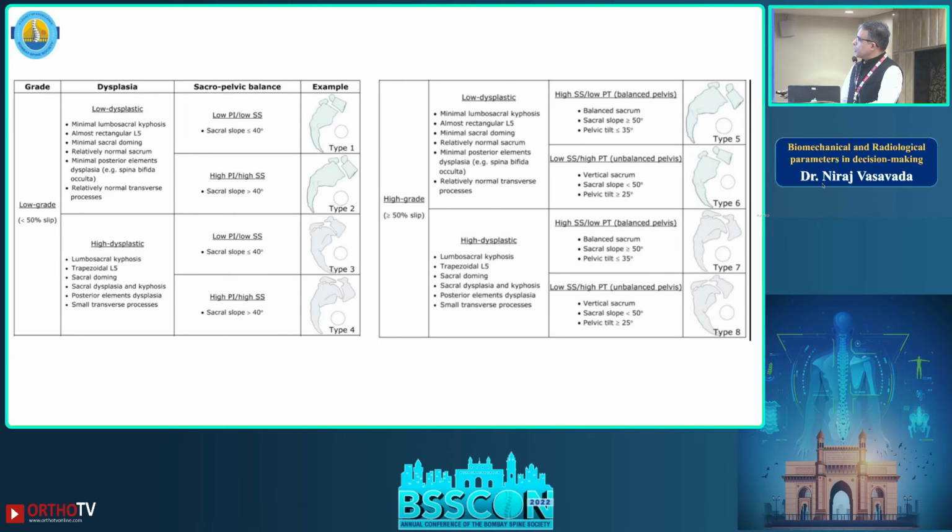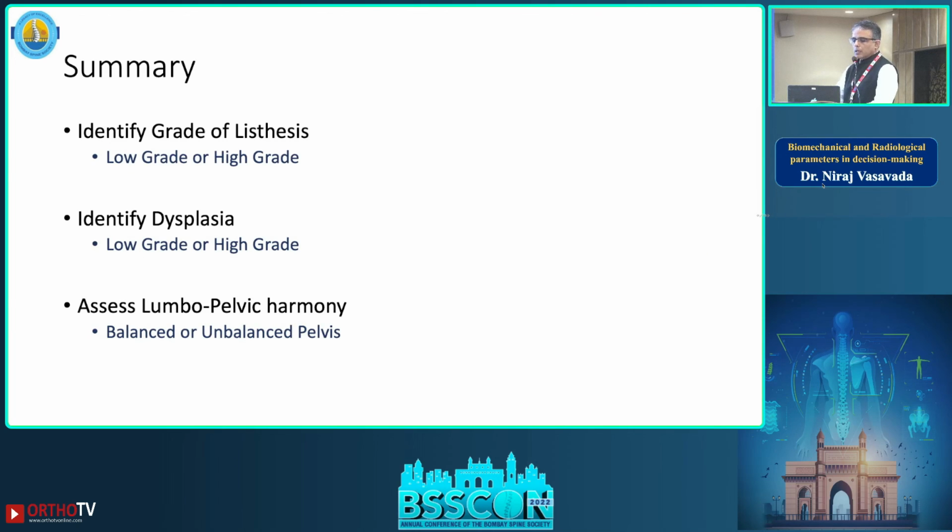If it is low PI and low dysplastic, they divide it into type 1, type 2. If it is low and high PI with high dysplasia, they divide into types 3 and 4, and the same in the high grade slip. So these three things are the most important points when you decide a treatment: whether it is low grade, whether dysplasia is present or not, and the spinopelvic balance. These three parameters would decide the treatment plan.